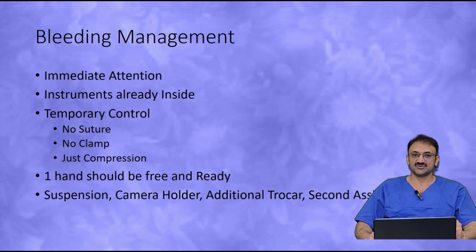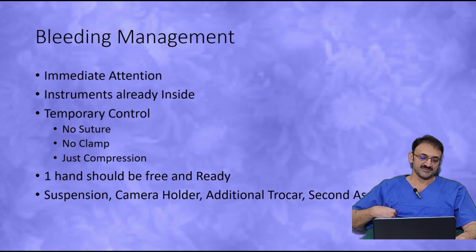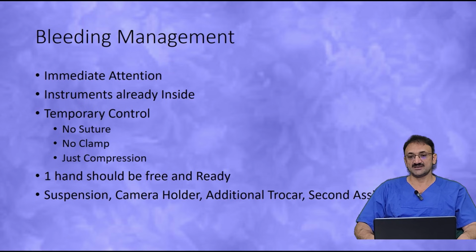You just have to compress the bleeder, and this is the principle of any hemorrhage. It's a general principle. So you press it against another surface, and one hand should always be free and ready to deal with such situations. By this way, you can do a temporization of the bleeding, or temporary control.